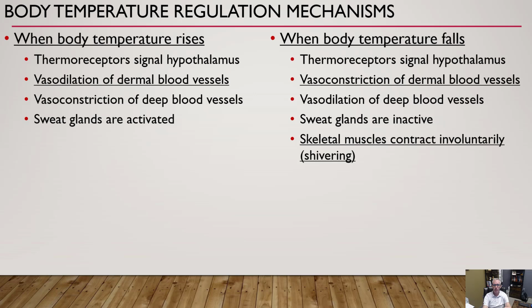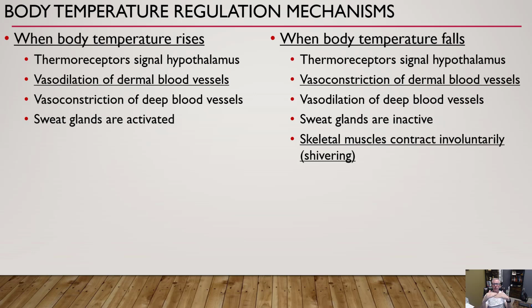Those thermoreceptors, therm means heat, so we have thermoreceptors on our skin that detect what our body temperature is. And that information is going to get processed in the brain, more specifically the hypothalamus. And what we see is the vasodilation of your dermal blood vessels, those blood vessels in the dermis.